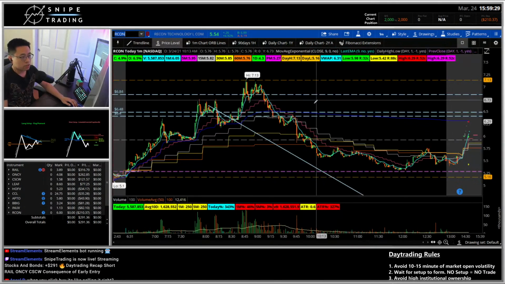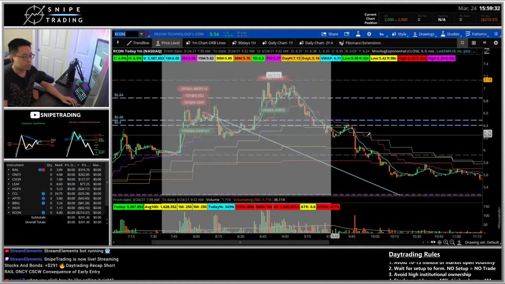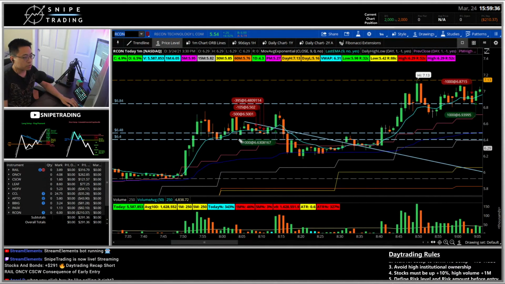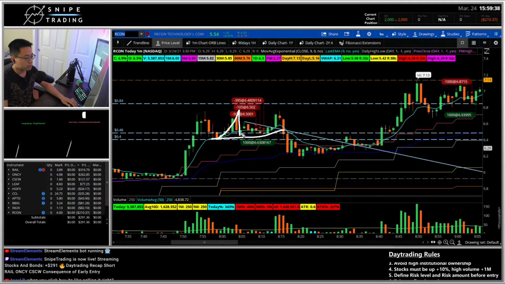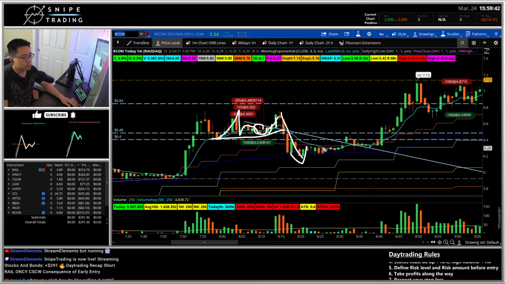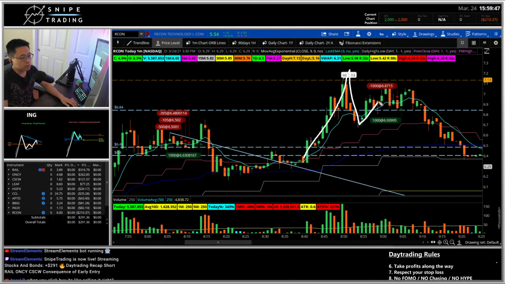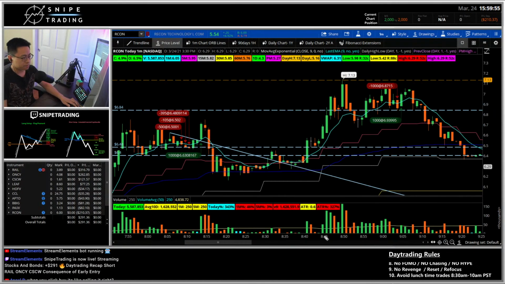Next trade, RCON, same thing. This happened twice on this stock, where I went in a couple minutes early. I think there was an inverted cup and handle here, and then I got stopped out and it went lower, and then rinse and repeat. A little inverted cup and handle here, took a short for this move, it popped up, stopped me out, and it went lower.